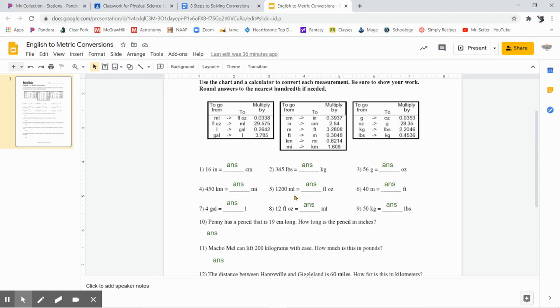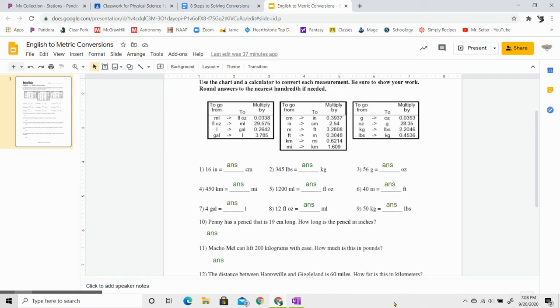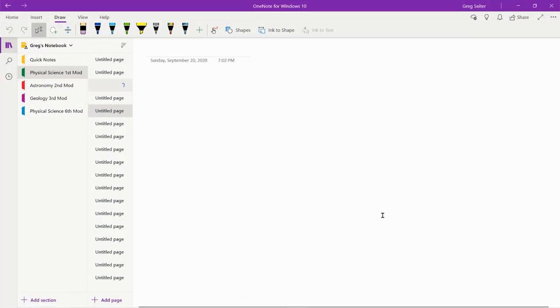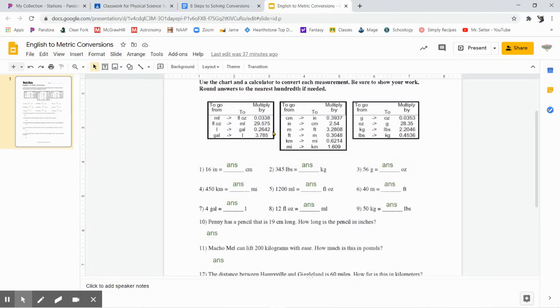All right, let's take a look at the next problem. 1,200 milliliters equals how many ounces? Okay, let's go on to our volume. One fluid ounce equals 29.575 milliliters.